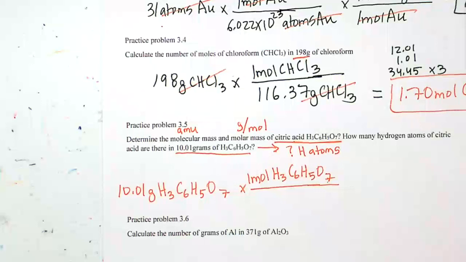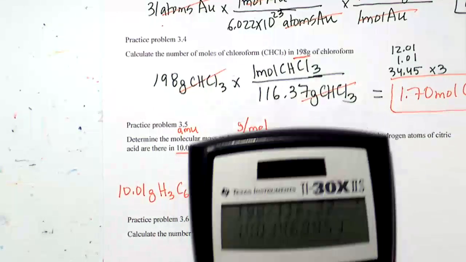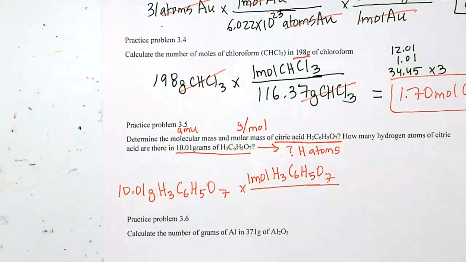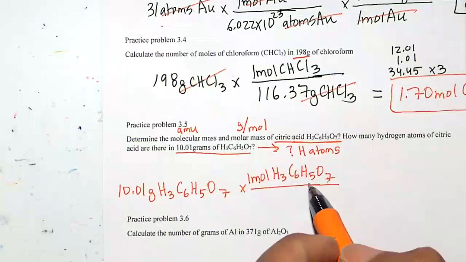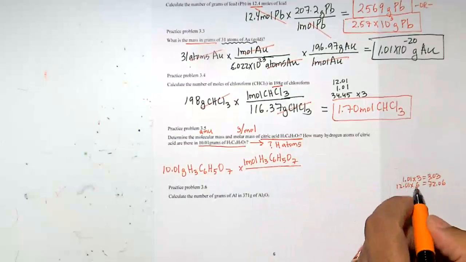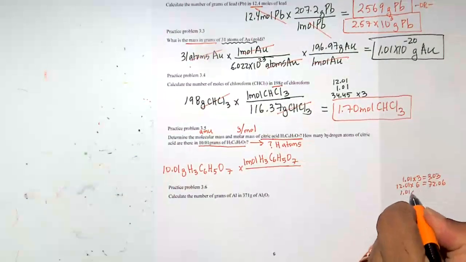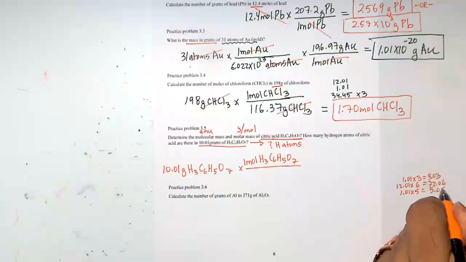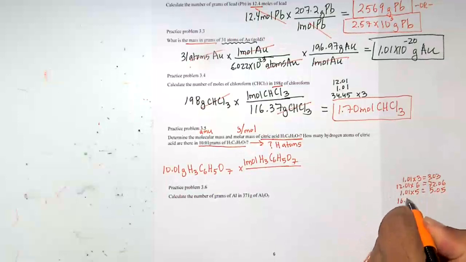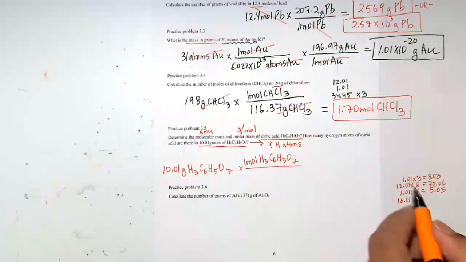What's hydrogen? Times 3. We got a carbon, which is 12.01 times 6. Okay, we got another 5 hydrogens. Hydrogen is about 1.01 times 5. And then we got O7. And oxygen is about 16.01.